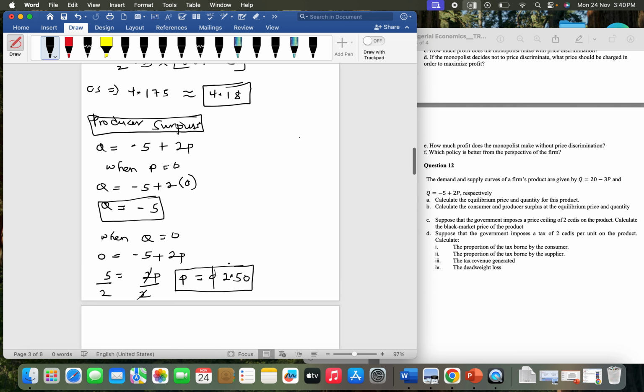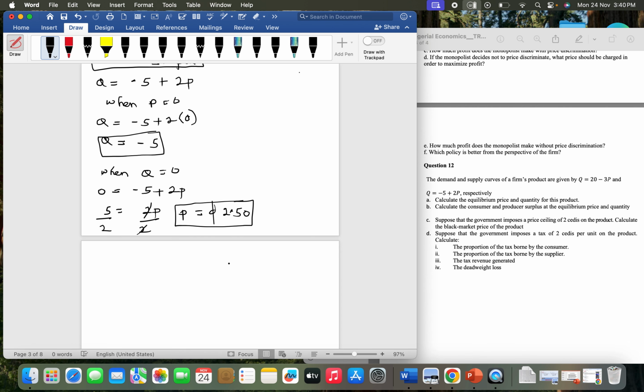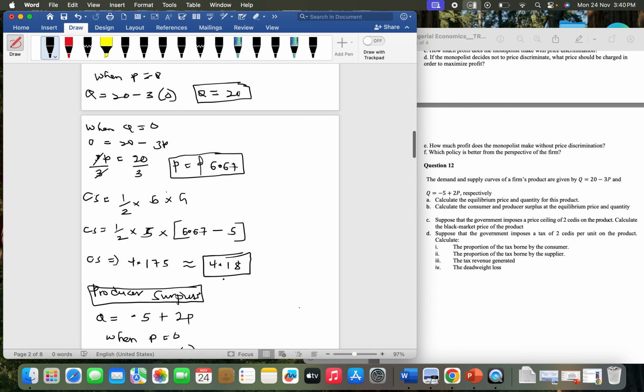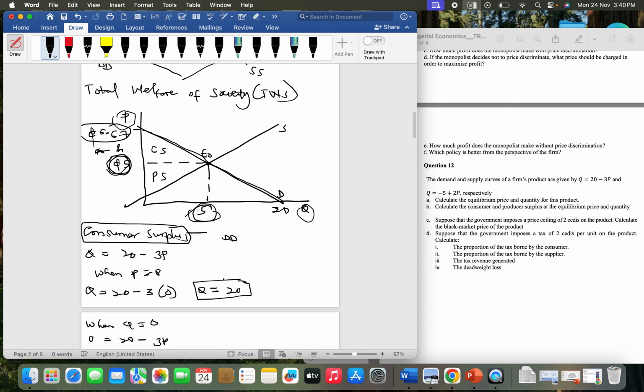So now we can find for that. So once I come to the side, let's plug. P is 2.50 and Q is minus 5. So you notice that this is the negative side of the quantity. So we just supply. Remember, there's a supply curve. So we go minus 5 and 2.50. So this is the price side.